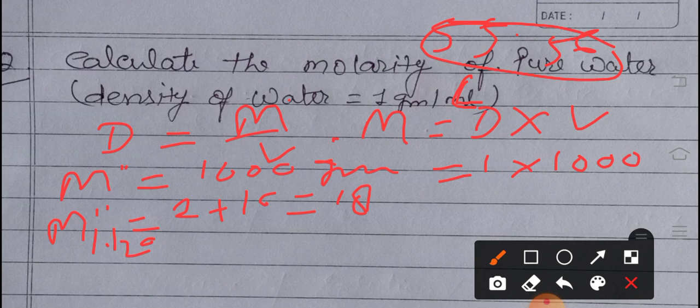Is that clear? Now we calculate the number of moles or molarity.